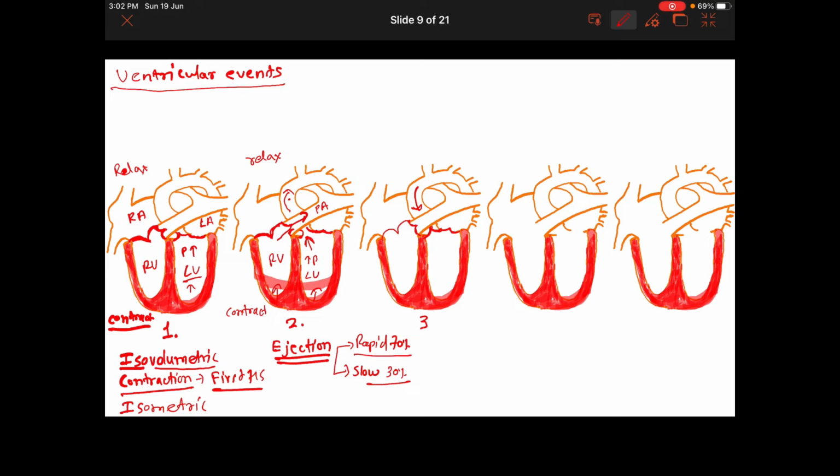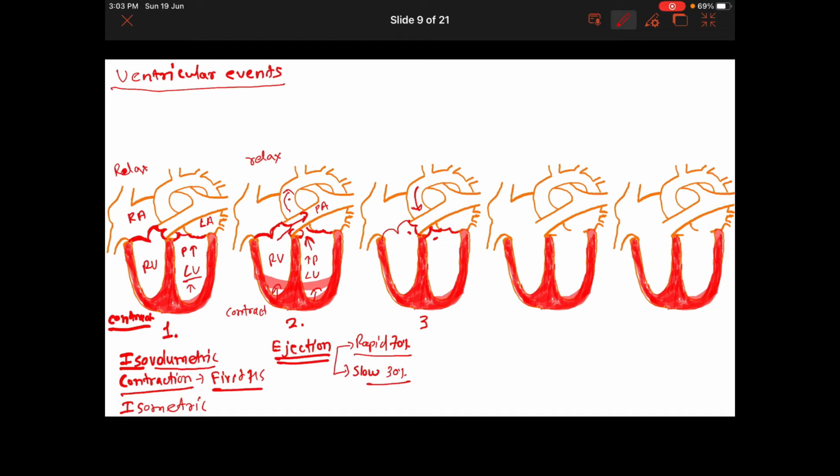Now during this phase, there is a time lag where the ventricles start diastole, that is relaxation, and the aortic or semilunar valves are not closed yet. They are in an open state, but not completely closed.